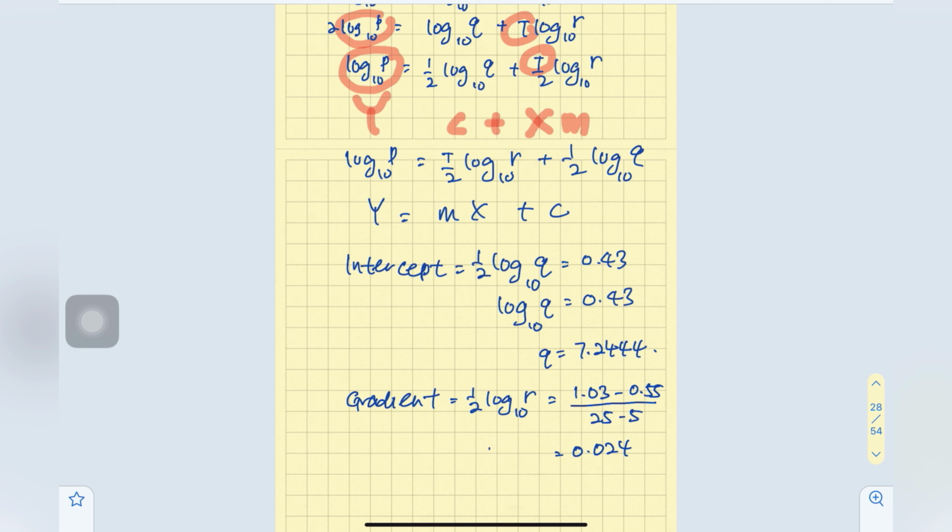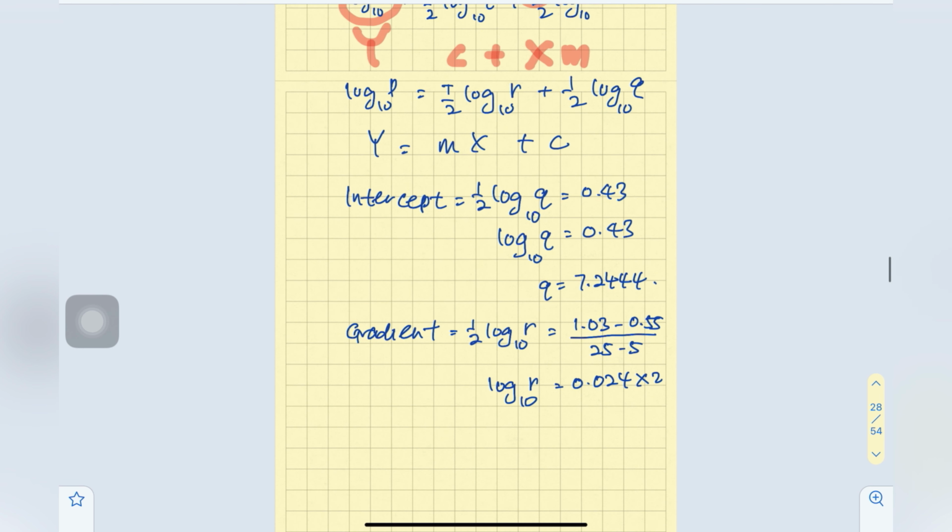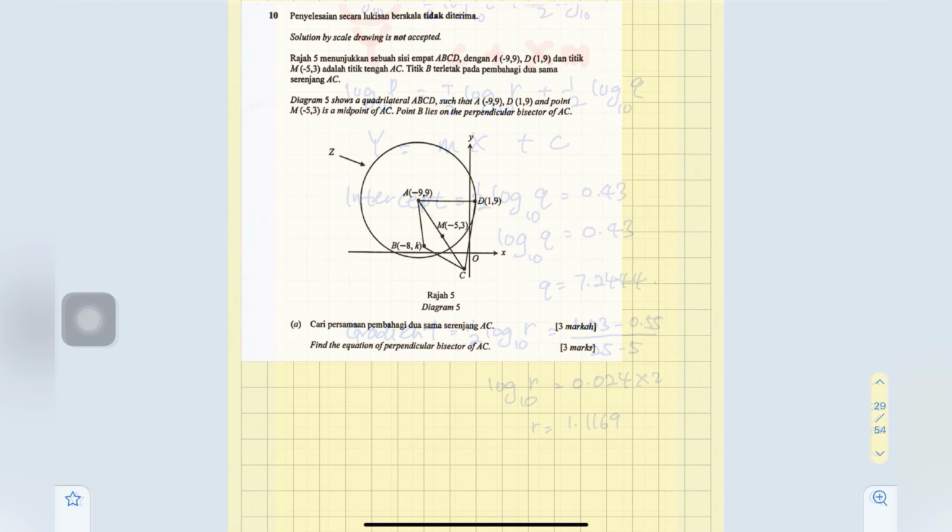So kalau kita nak cari log R base 10, kita kena darab 2 lah. So R dapat dia punya inverse log, which is equals to 1.1169.